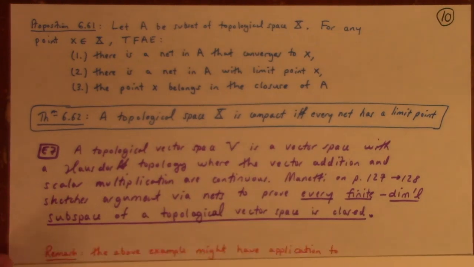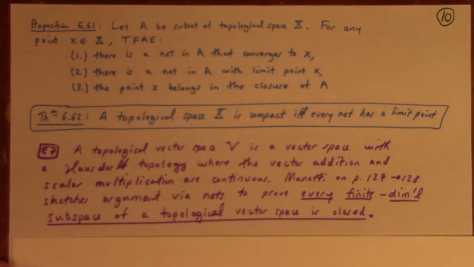And a pretty neat example is given in Manetti here. A topological vector space V is a vector space with Hausdorff topology where vector addition and scalar multiplication are continuous. Manetti on pages 127 and 128 sketches an argument via nets to prove that every finite dimensional subspace of a topological vector space is closed.